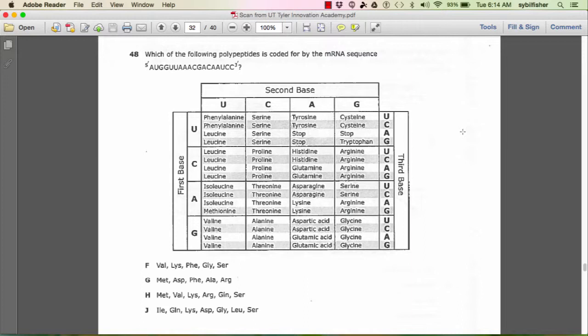G. Met, Asp, Phe, Ala, Arg. H. Met, Val, Lys, Arg, Gln, Ser. J. Ile, Gln, Lys, Asp, Gly, Leu, Ser.